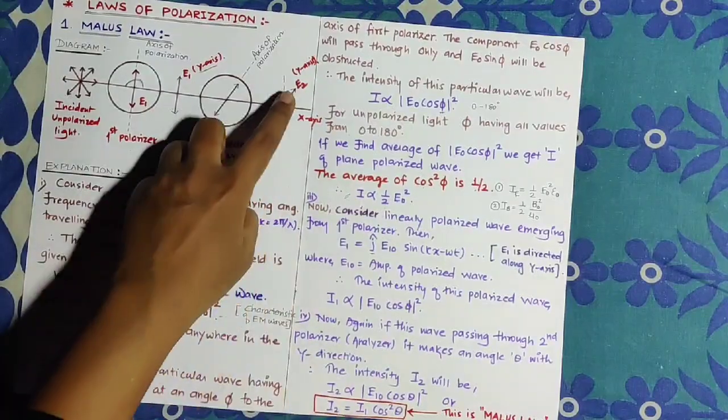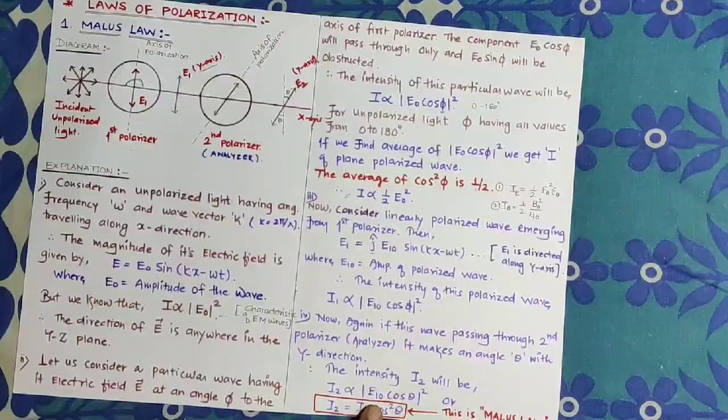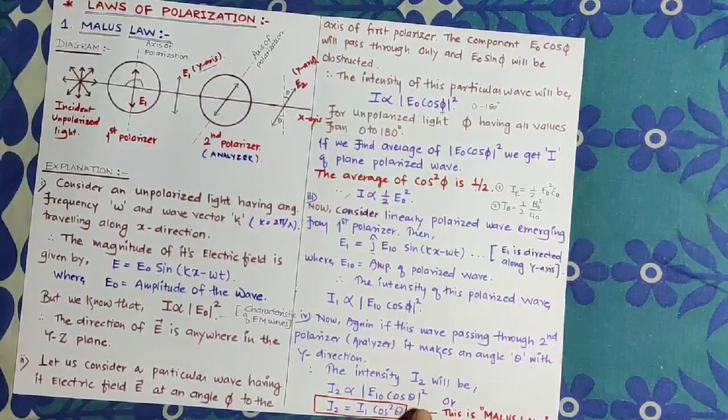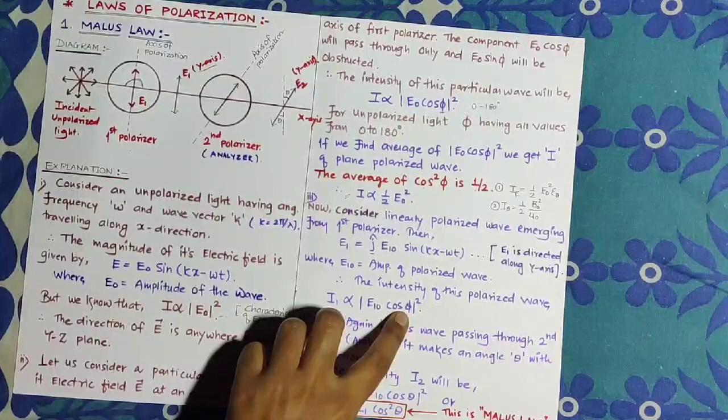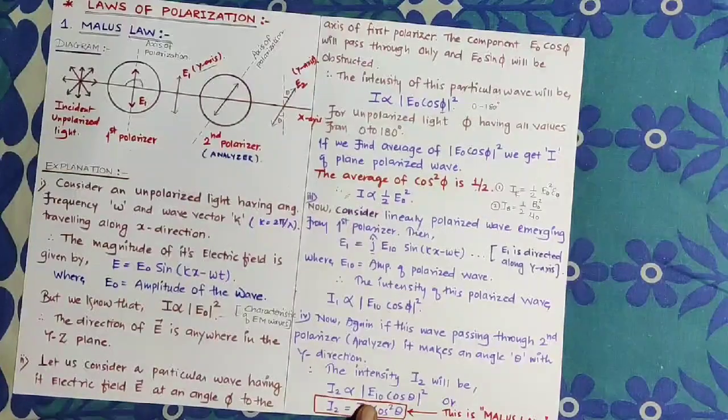And the intensity of this second emergent wave is I2 is proportional to E10 cos theta square. Here I wrote cos phi, but here cos theta. Why? Because cos phi represents phase, but theta represents the angle of polarization.